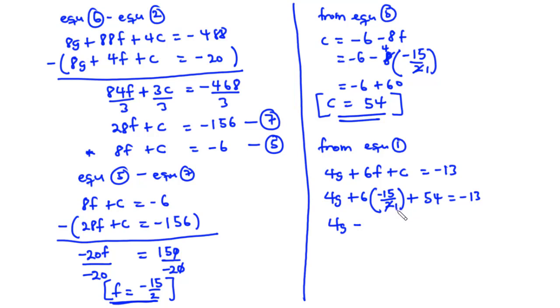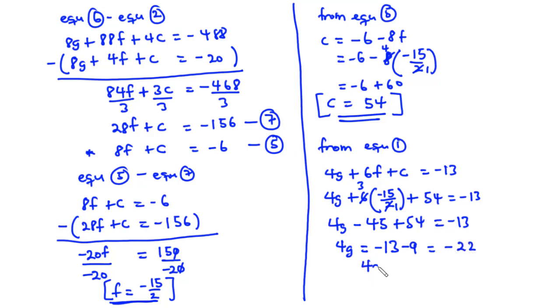2 goes into itself once, into 6 3 times. 3 times negative 15 is negative 45 plus 54 equals negative 13. Now negative 45 plus 54 is 9. So let's transpose 9 to the right hand side. So we have negative 13 minus 9, and that is equal to negative 22.